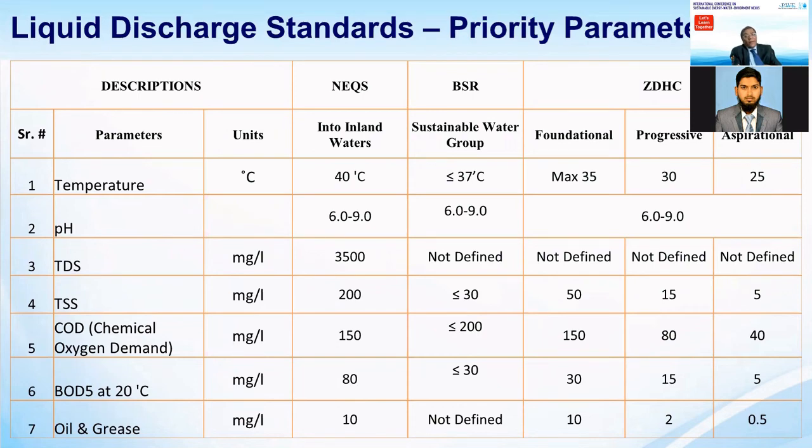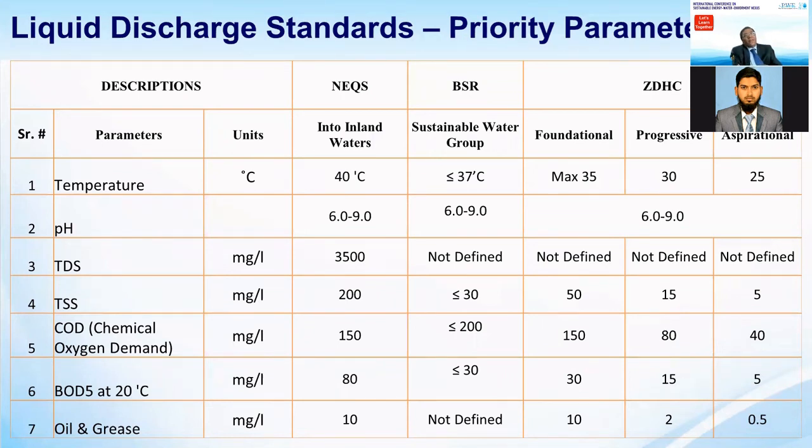After the 18th Amendment in our Constitution, these changes occurred. Originally in 1997, when the NEQS were developed, they were national, under the Ministry of Environment, which was under the federal government.